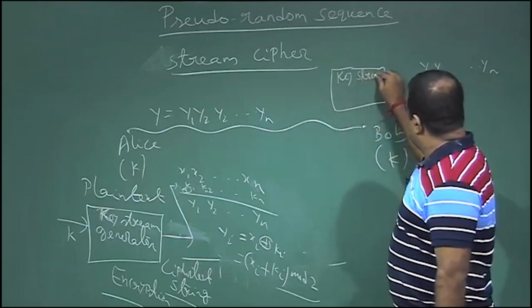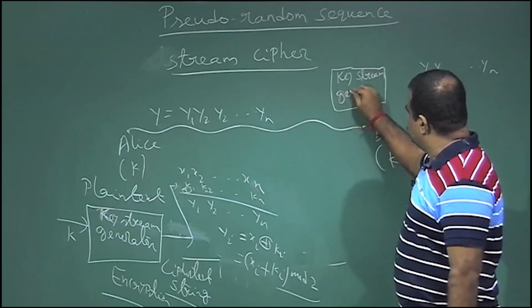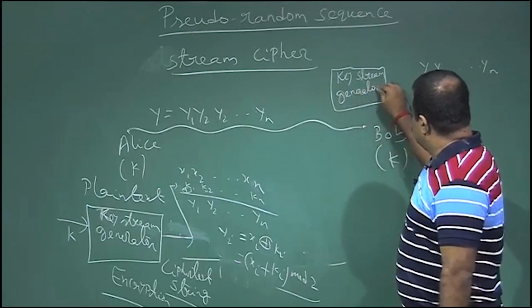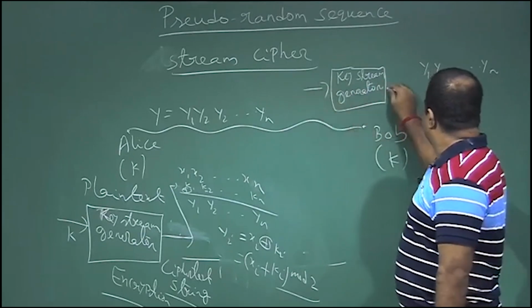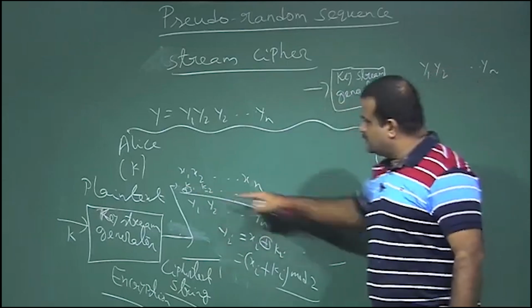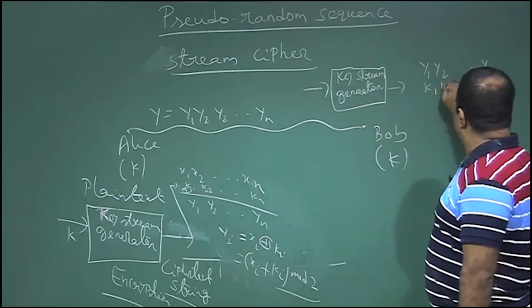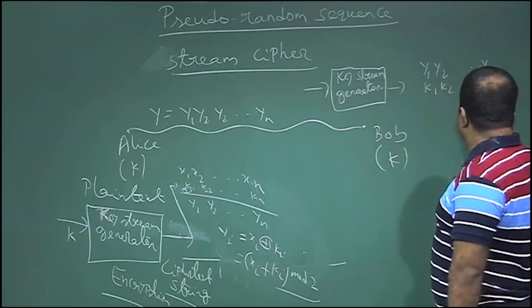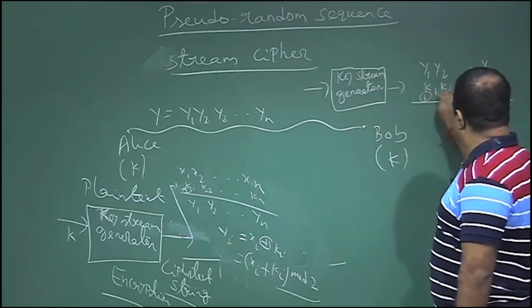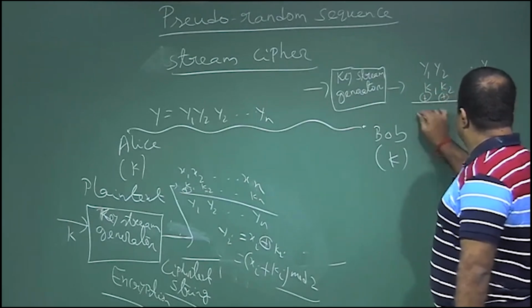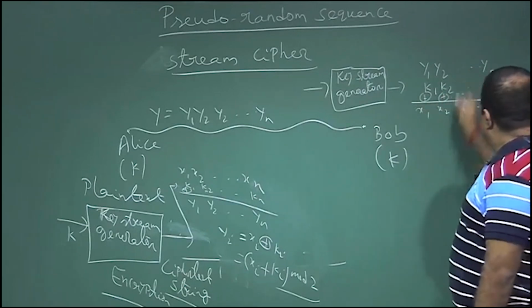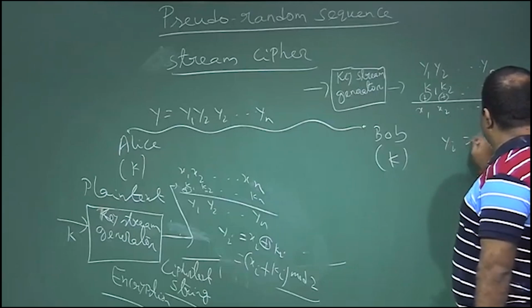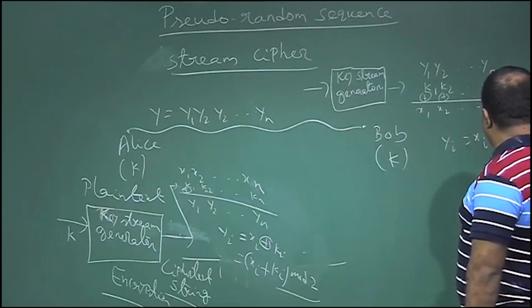With the same key stream generator and the same initial value, it should give us the same key stream k1 k2 ... kn, so that if we do the bitwise XOR again, it should give us x1 x2 ... xn, because yi is xi XOR ki.